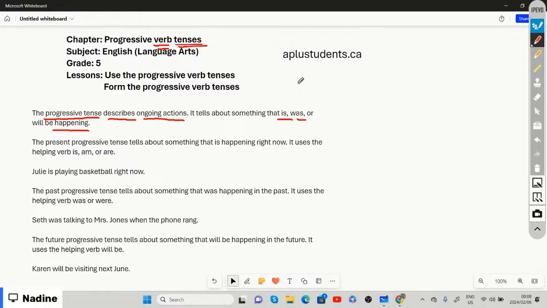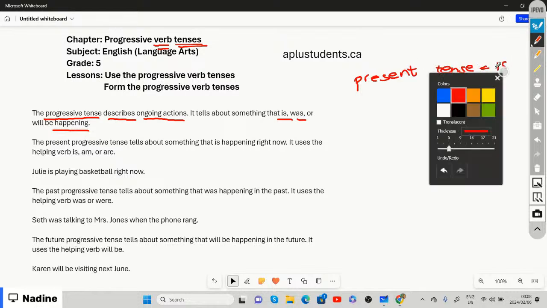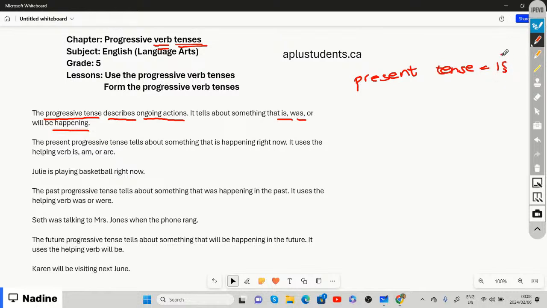And it tells us about something that is, which is present tense. This is. Then past tense, it was.